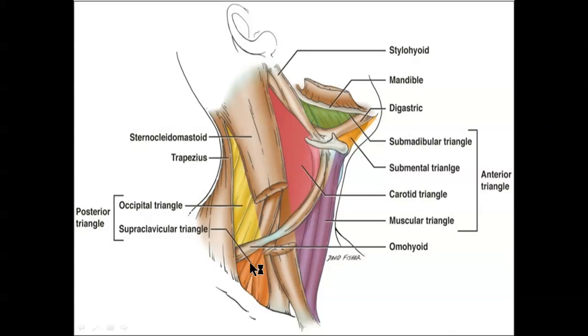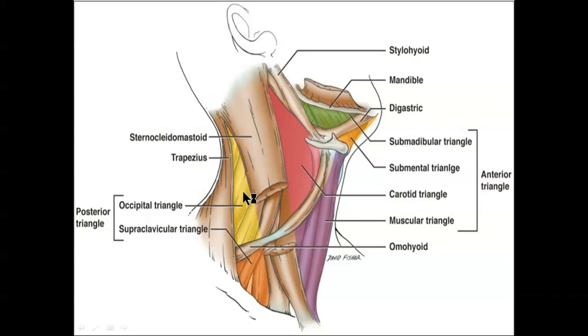The supraclavicular triangle is a very important area, because the cervical and brachial plexus, trunks and roots, are located in this area. The occipital triangle has the occipital artery. So why is it called the occipital triangle, and why is it called the supraclavicular triangle?